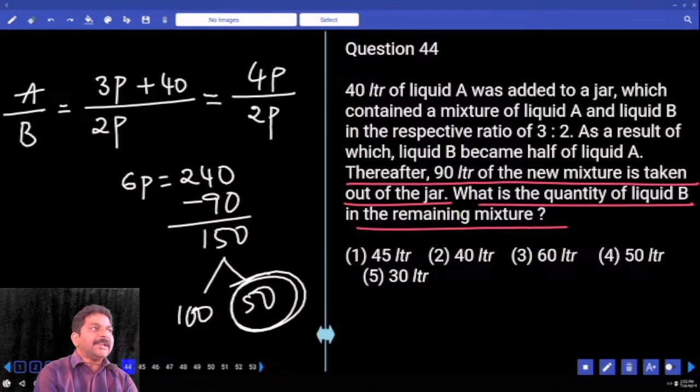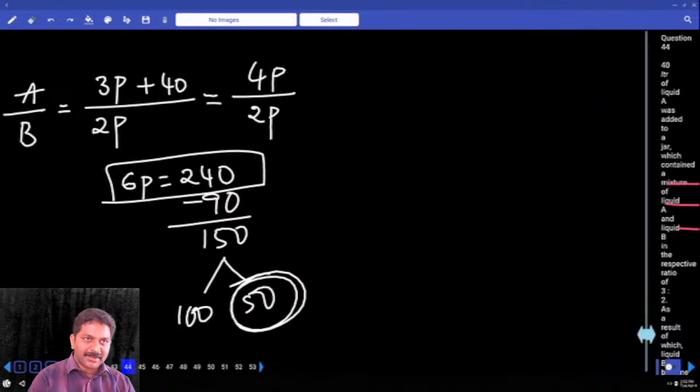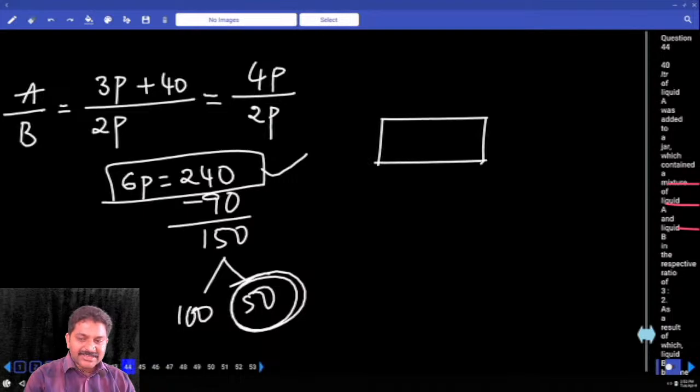We used to take it as 100%, not just 100. The initial value or the starting value is always 100%. But my point is, when you got 6 parts is equal to 240, do you understand how we got 6 parts? This 240 liters is the container which already had A and B in the ratio 3:2.